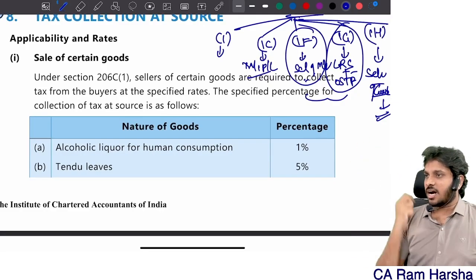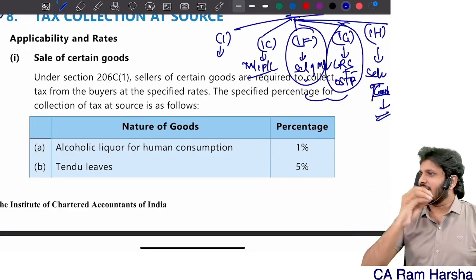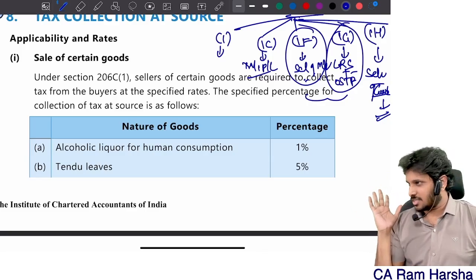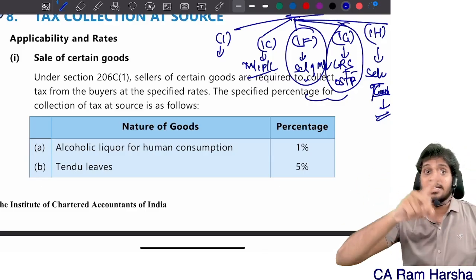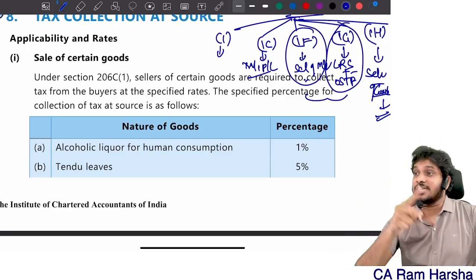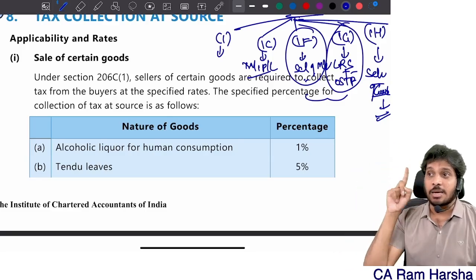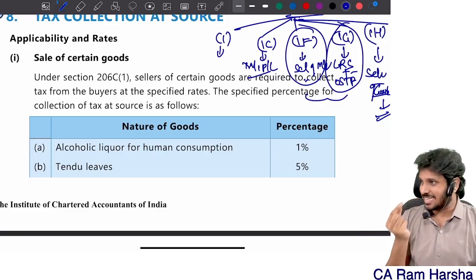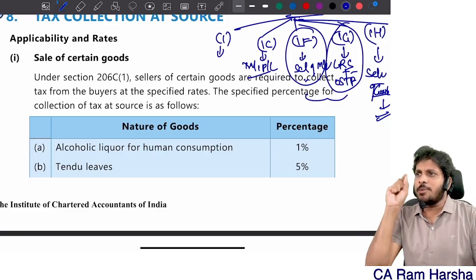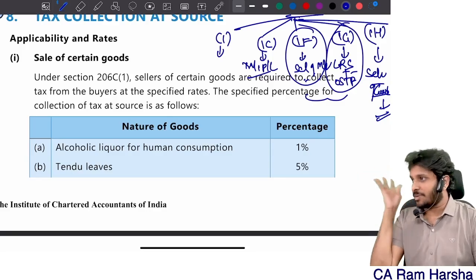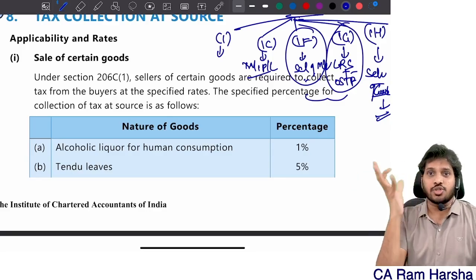I am purchasing a car, getting it from anybody, dealer, whoever it is, generally, whether it is a second hand car or first hand car, provided I am purchasing it from dealers. They are supposed to deduct TDS at 1% if the value of the car is exceeding 10 lakh. What do you mean by value of the car? Ex showroom price.